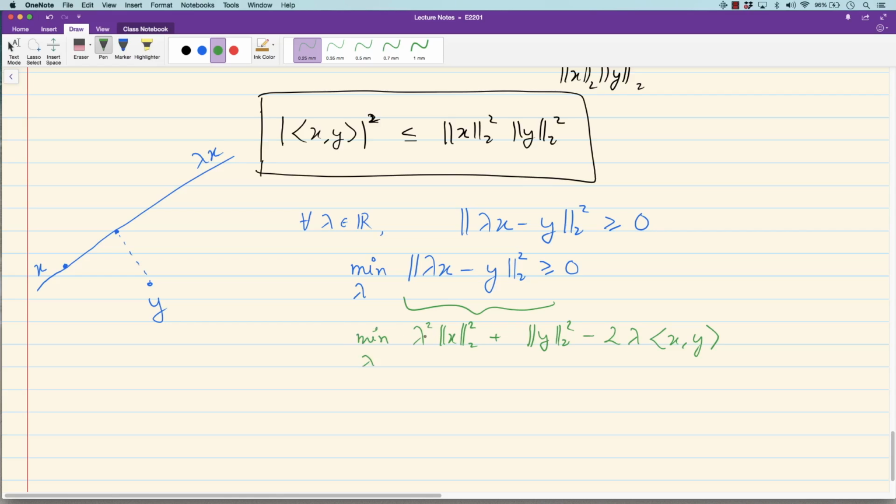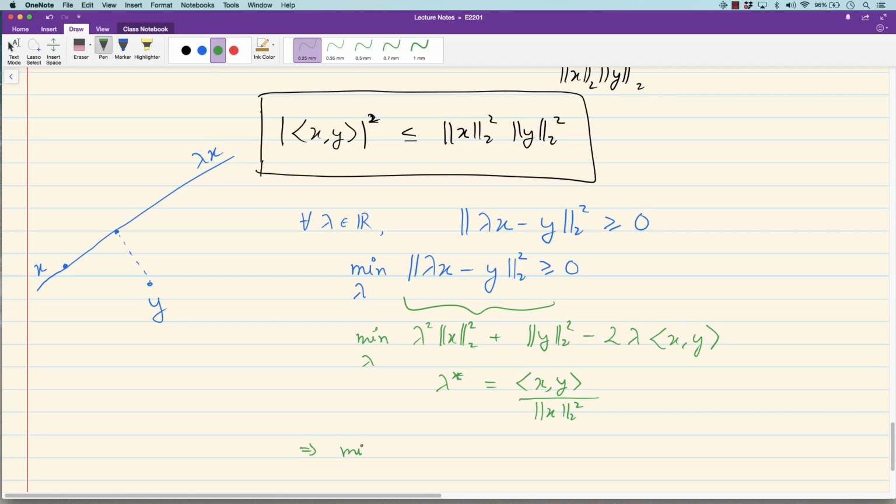You can do that just by differentiating. The minimum is attained by lambda star, where 2 lambda norm x squared equals 2 xy. I'm just differentiating and setting the derivative to 0. So the minimum is attained at the inner product xy divided by norm x squared.